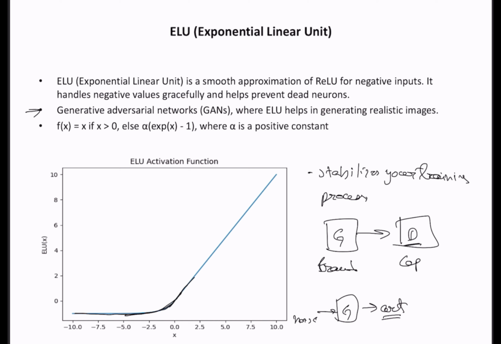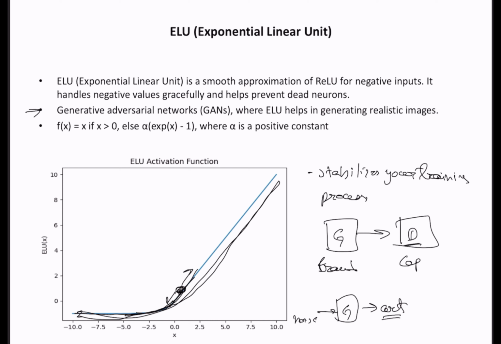And that is where it was seen that if you make this progression smoother, it gives the generative adversarial network more liberty and more ability to traverse the entire spectrum where it can move and generate images, so that it can draw better and better images, right? This again is more of an empirical finding, and that is why exponential linear units have been very successful when it comes to generative adversarial networks.